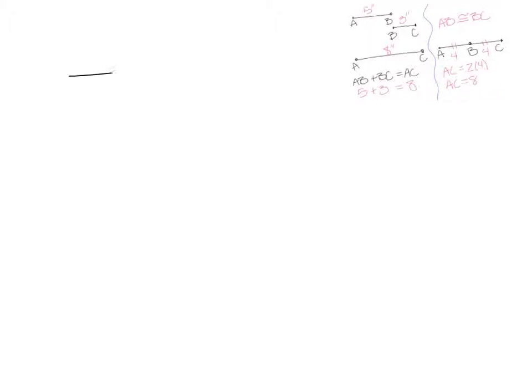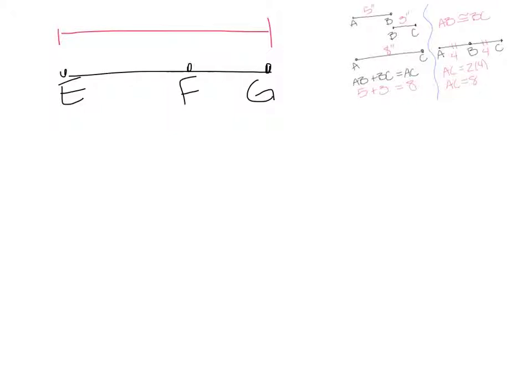All right, we'll start with this segment here. We have E, F, and G as points on this segment. Let's say that we know that EG, this whole length, is 45 units. And we know that EF, this length right here, is 15x.